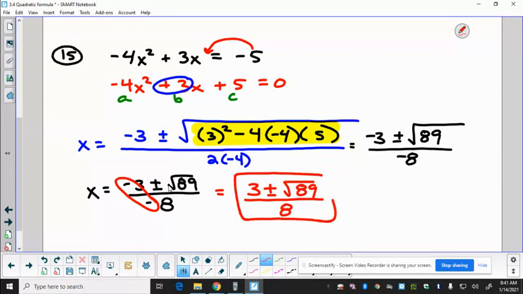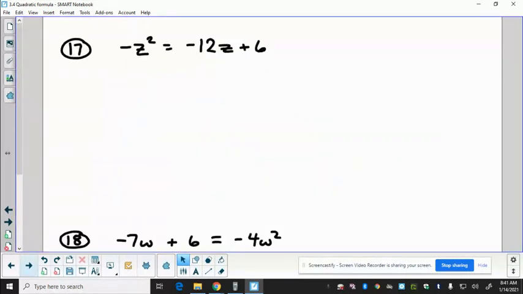17. Now, you may have done this differently, but I think the easiest path to get this in standard form is to move the z squared to the right, which makes it a positive value. Actually, let's identify A, B, and C. A is 1, B is that negative 12, C is 6.